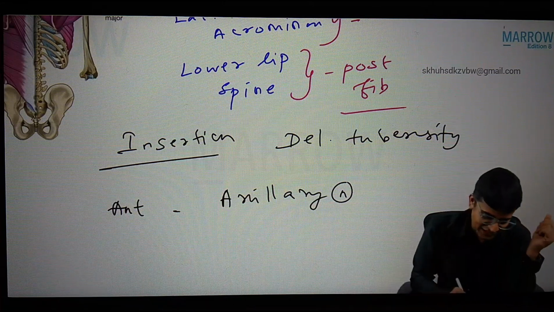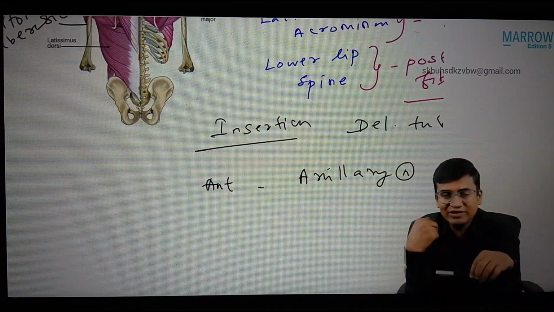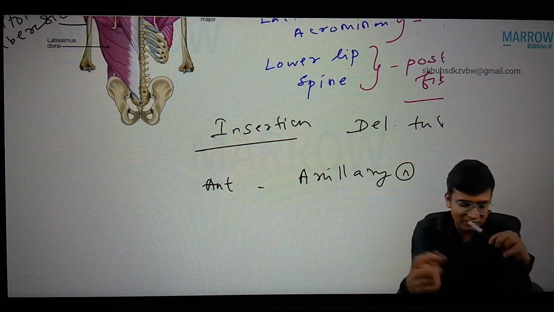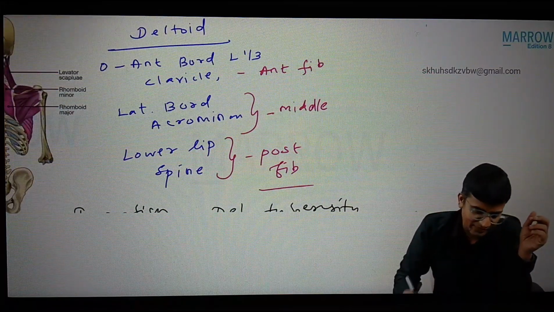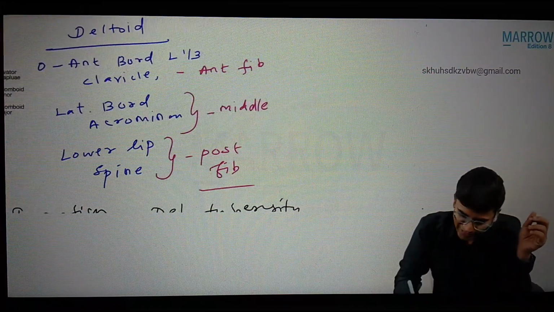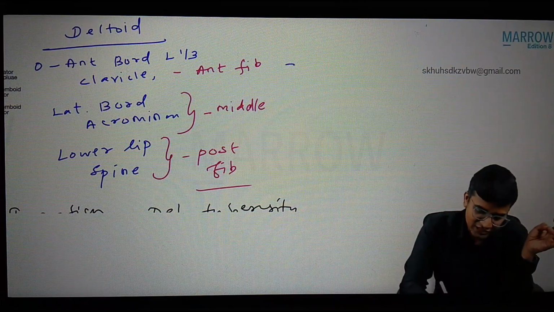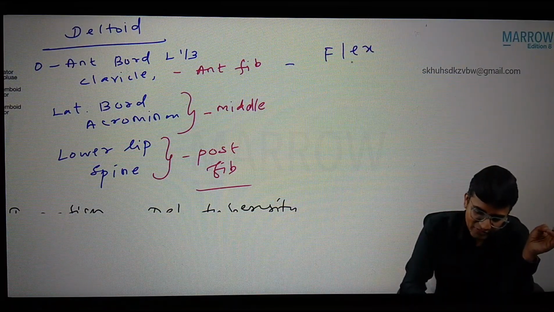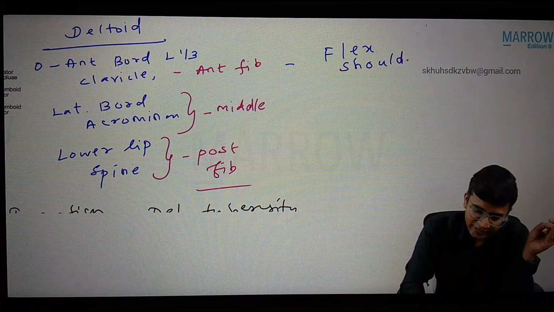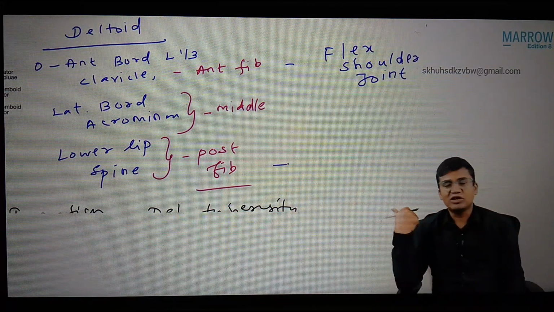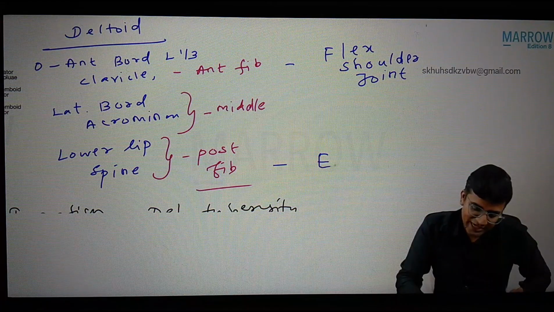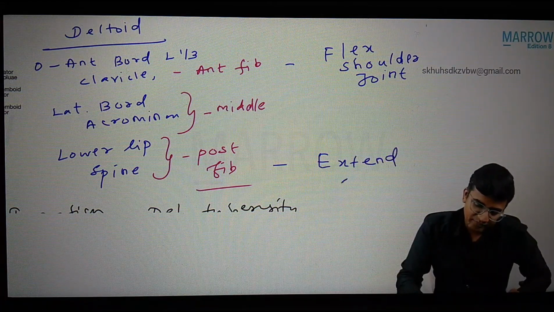Now, what is the action of the deltoid muscle? I told you we have three fibers: anterior, posterior, and middle. The anterior fibers cross the shoulder joint in the front, so they flex the shoulder joint. The posterior fibers cross the joint at the back, so they extend the shoulder joint.